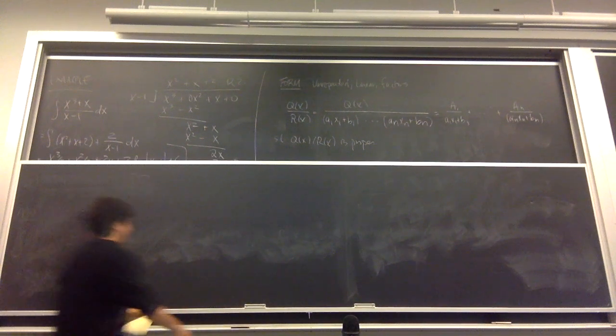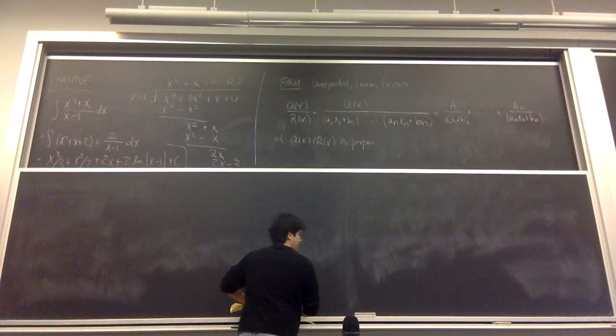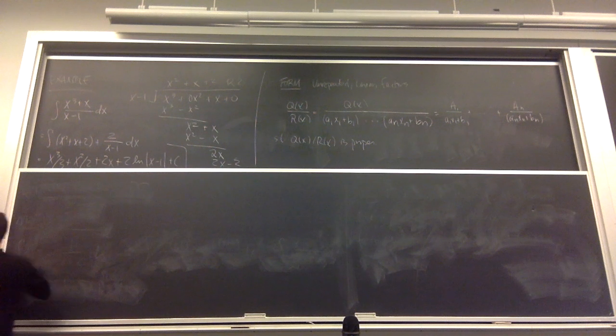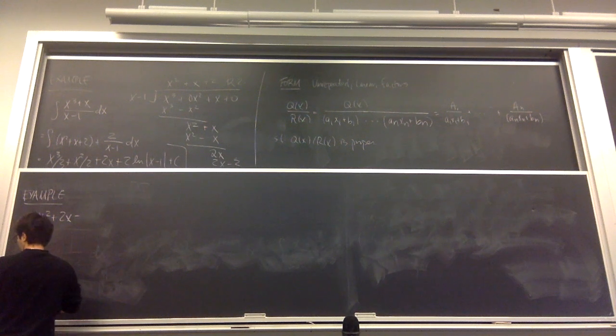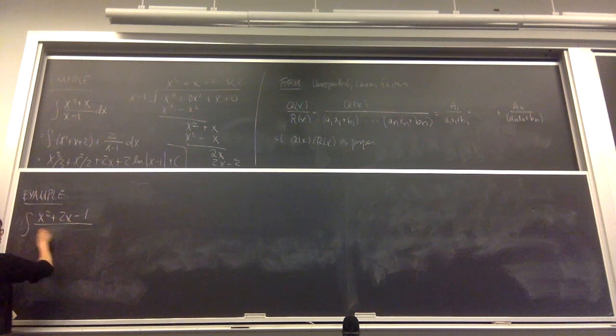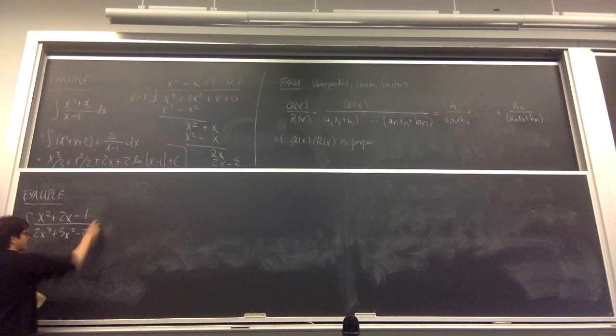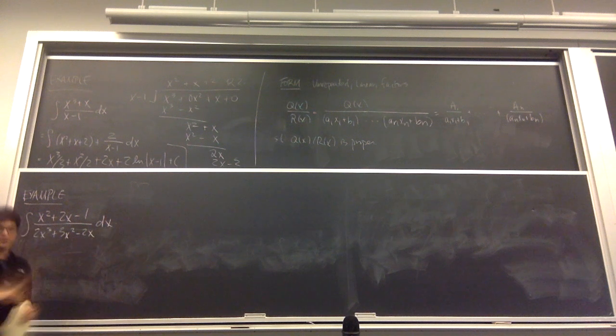Okay, so here's our example. We want to integrate x squared plus 2x minus 1 over 2x cubed plus 3x squared minus 2x. Okay.